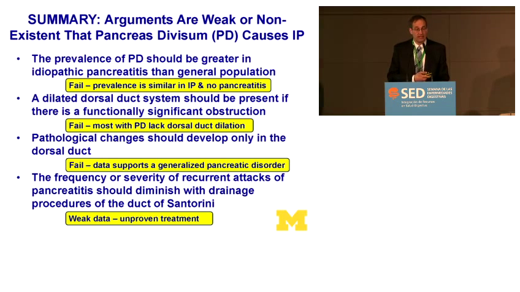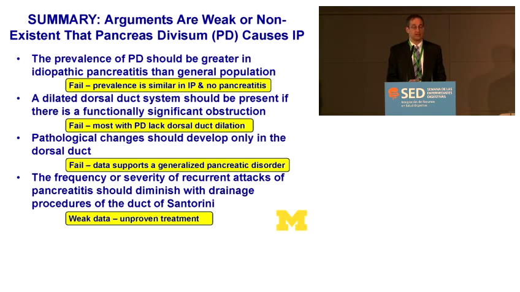So I summarize that arguments are weak or nonexistent that pancreas divisum causes idiopathic pancreatitis. Going through our 4 criteria, the prevalence of pancreas divisum is similar in idiopathic pancreatitis and no pancreatitis. Secondly, most patients with pancreas divisum lack dorsal duct dilation.